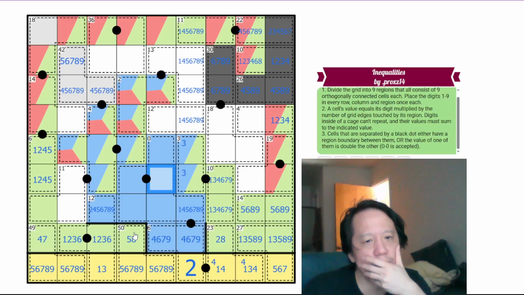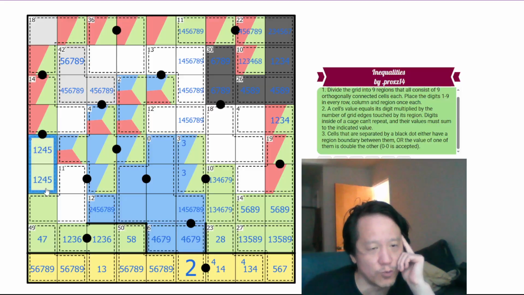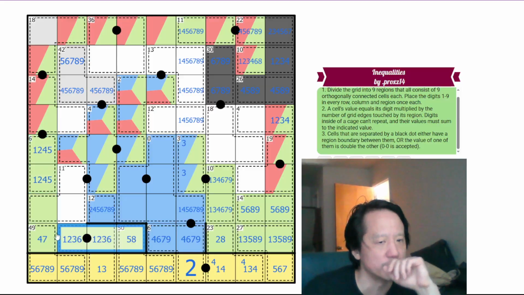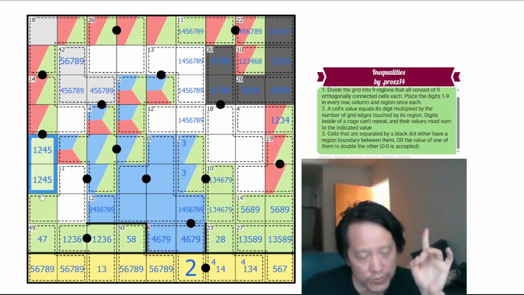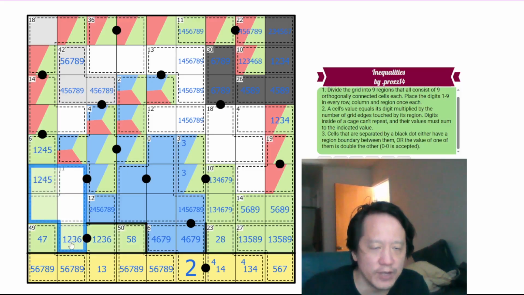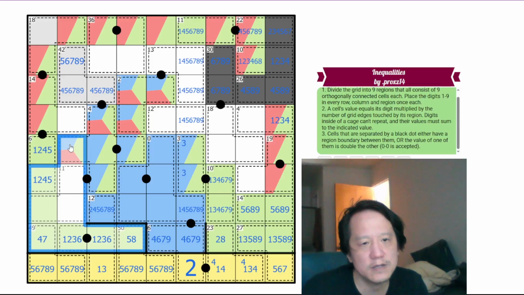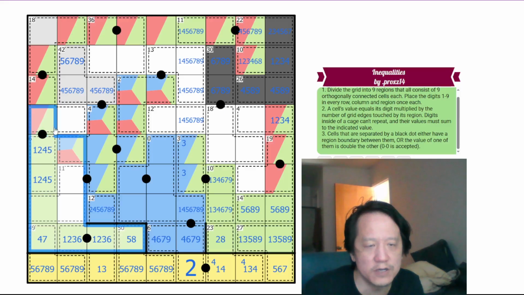So, we can't have this... One of these, at least, must be part of this region. Is it both? So what happens if we have region here and then region here? So 1, 2, 3, 4, 5, 6, 7, 8, 9. Then we could actually exit this way, right? We have 1, 2, 3, 4, 5, 6, potentially.